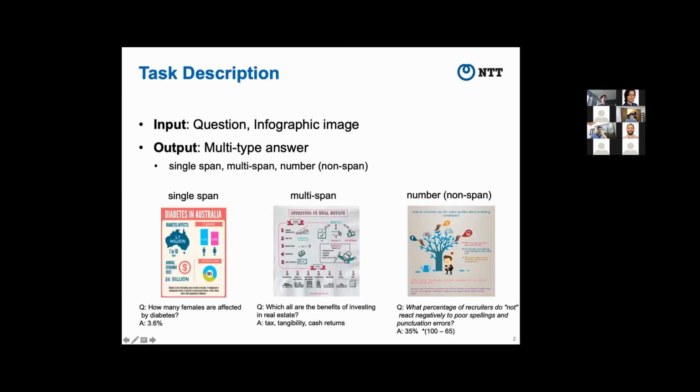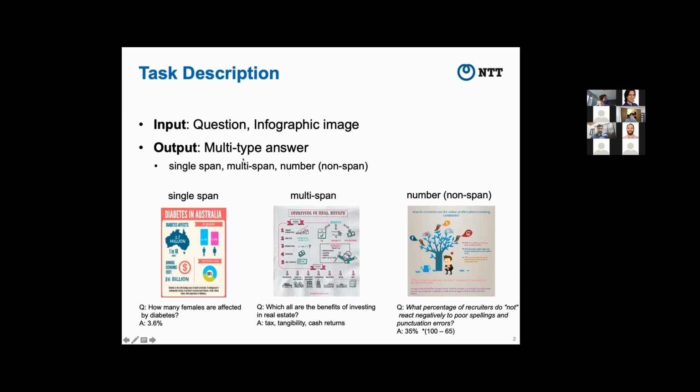An infographic is a visual representation of information or data in the form of charts, diagrams, and so on. Therefore, infographic understanding requires a model to jointly reason over document layout, visual objects, and text in images. Infographic VQA aims to perform the following task: given a question and an infographic image, the model generates an answer.